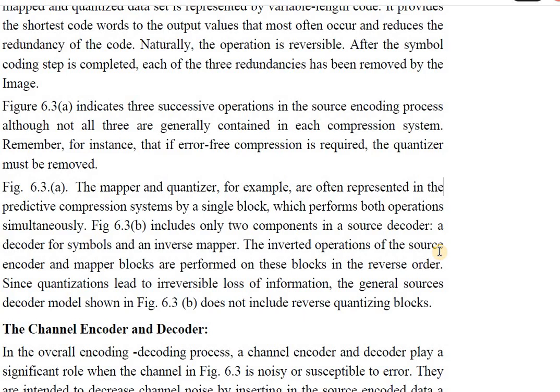Many a times all 3 blocks will be there. Obviously, if it is a lossless compression, then the quantizer block will not be there. So, this encoding and decoding process is just a complete representation. Depending on the type of encoding and decoding you are using, the presence of the blocks will differ.